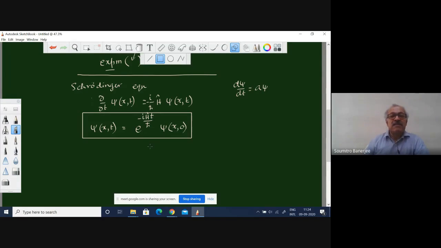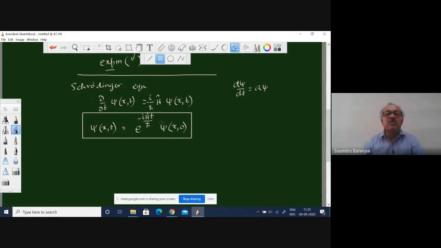Okay, this is a time translation operator. You can see that in this kind of situations, you do need exponentiation of a matrix. So this is one way of solving the time-dependent Schrodinger equation, which is a very simple solution.